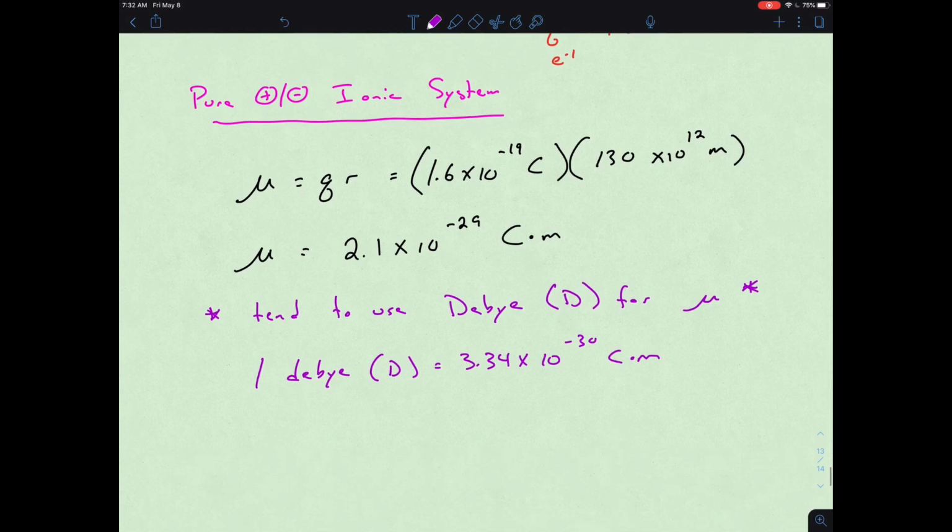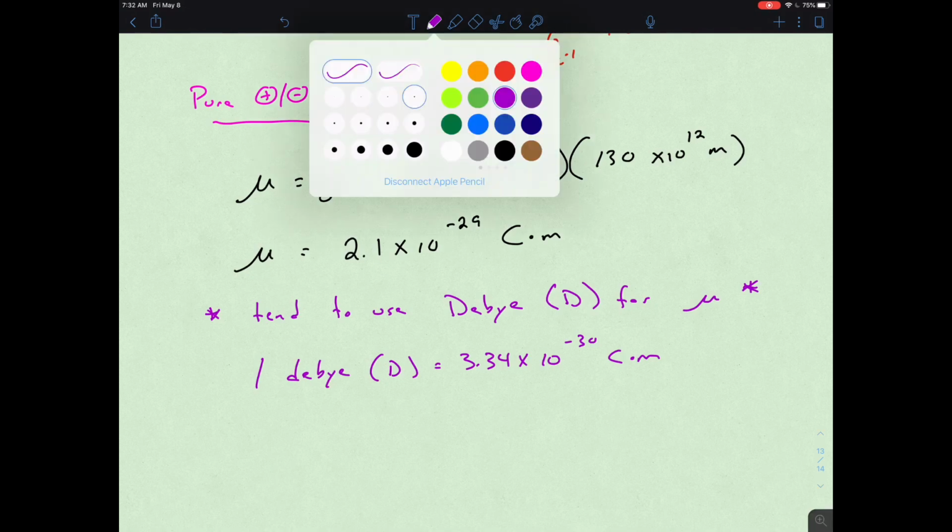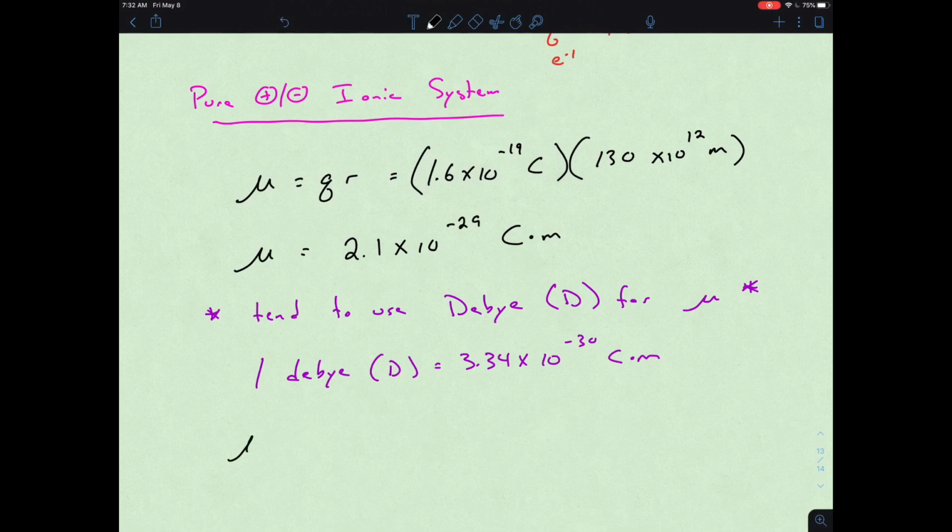So often we do this conversion to then get to our unit of Debye in terms of dipole moment.